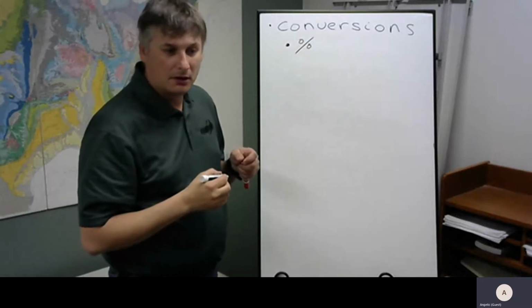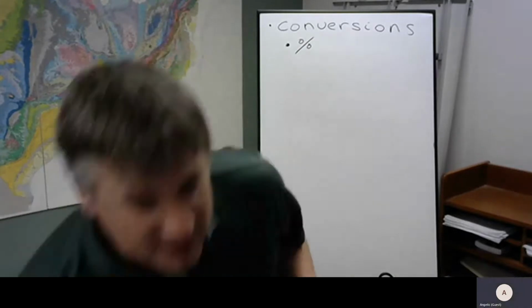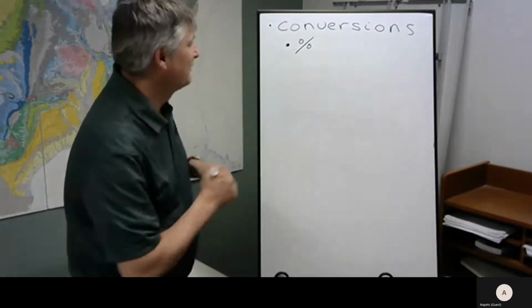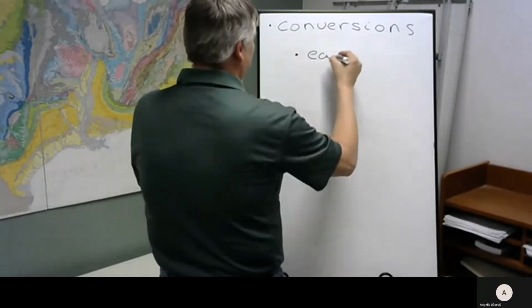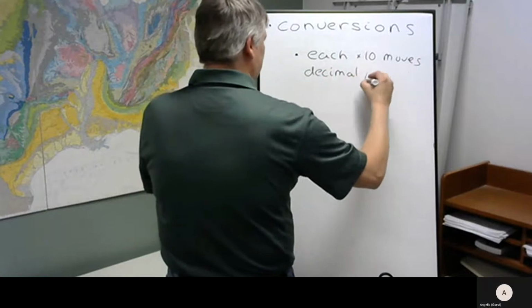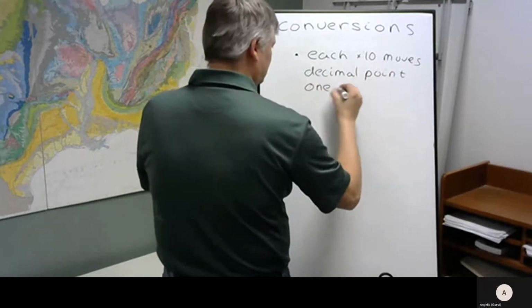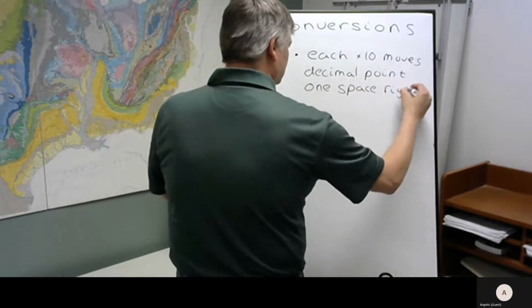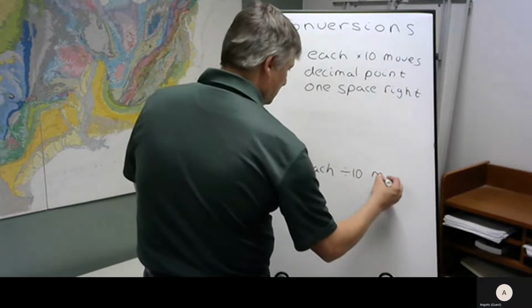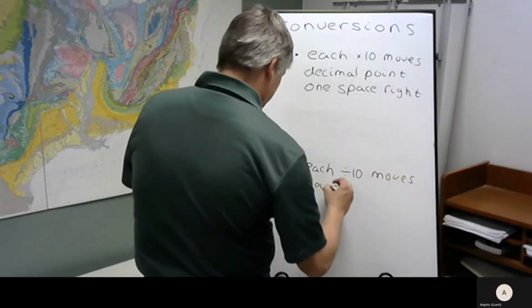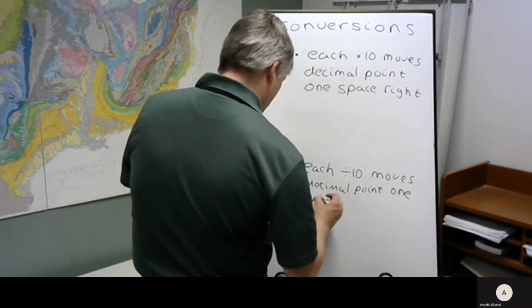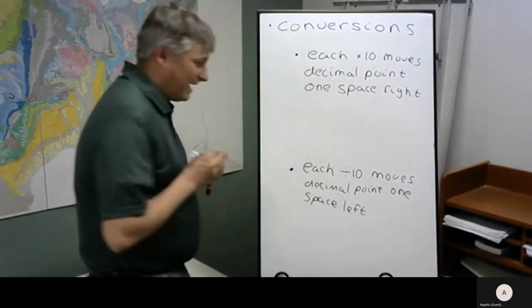It was every times 10 moves the decimal point to the... Oh, so each times 10, that'll move the decimal point one space to the right, but each division by 10 moves it one space left. And that's going to be helpful.